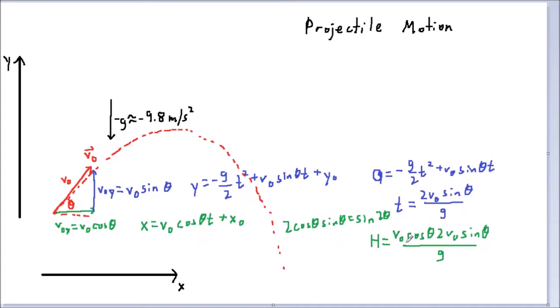This 2 times cosine theta times sine theta, we're going to transform into this sine of 2 theta, and we can combine these v naughts here, and we get that the horizontal range of this object is going to be v naught squared over g times sine of 2 theta. So our equations are going to be, this is our y equation, this is our x equation here, and this is the horizontal range equation over here.